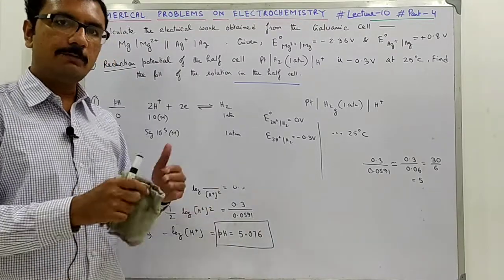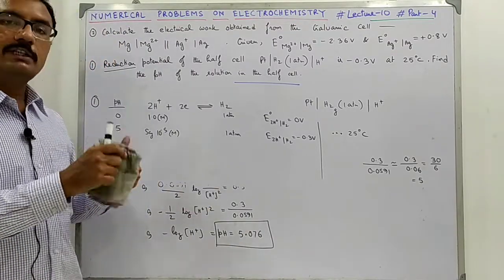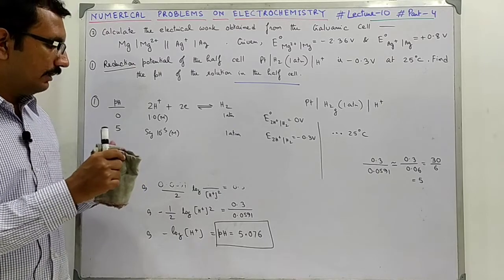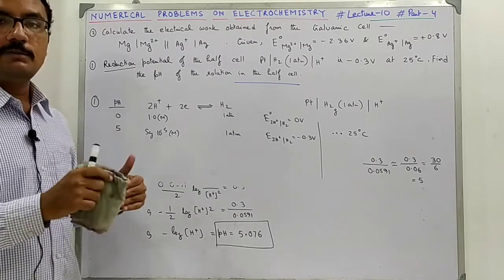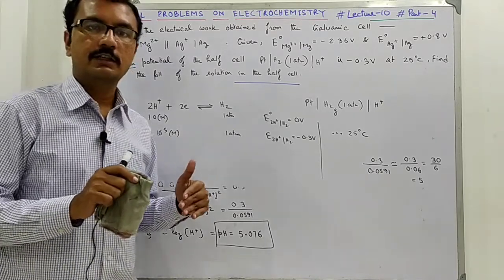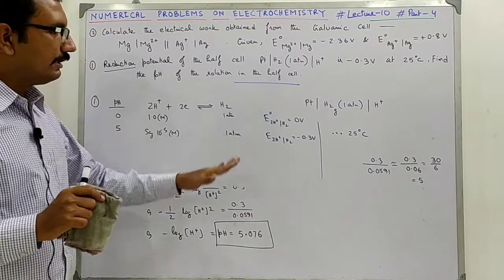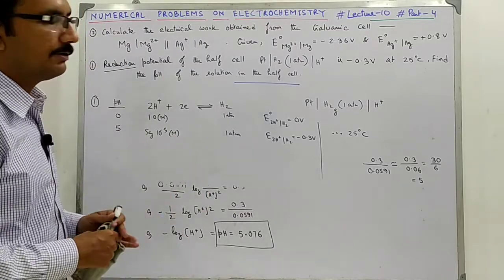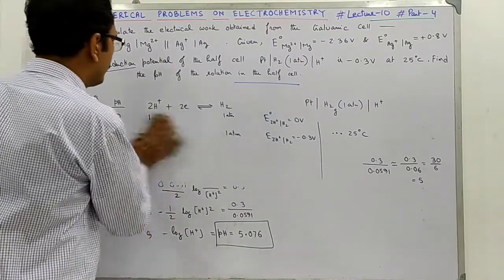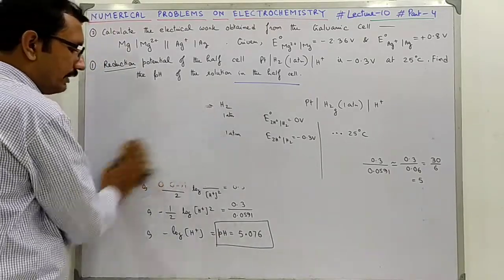So, in this way you have to check, but you have to do it fast, since saving of time is very important. By this method you can check whether your problem is correct or not. So, what is the answer?